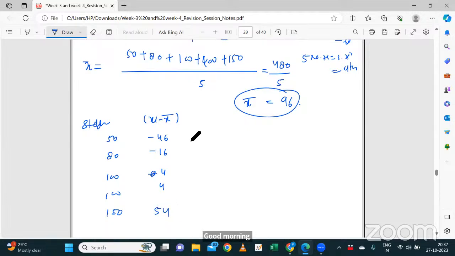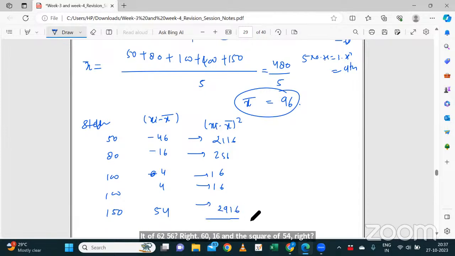We have to square these. The square of 46 is 2116, the square of 16 is 256, and the square of 54 is 2916. Let me add these. It will be 5320.